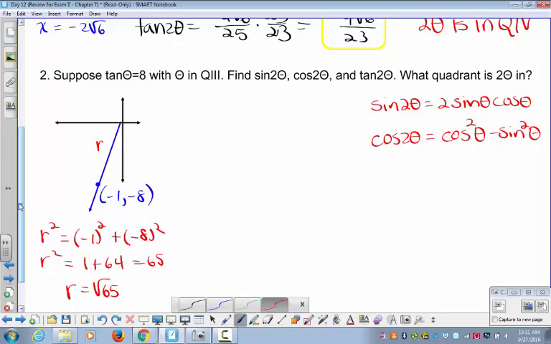And you should end up with an r value of root 65 when all is said and done. Use the Pythagorean theorem. x squared plus y squared will equal your r squared. So you square the negative 1, you square the negative 8.